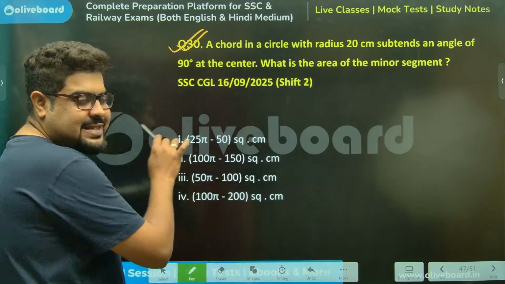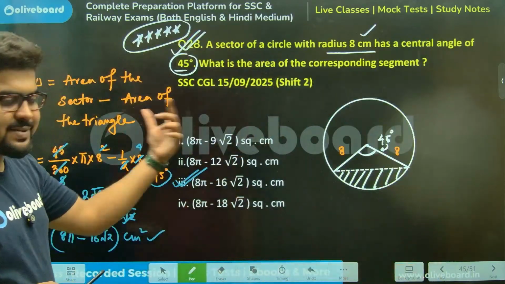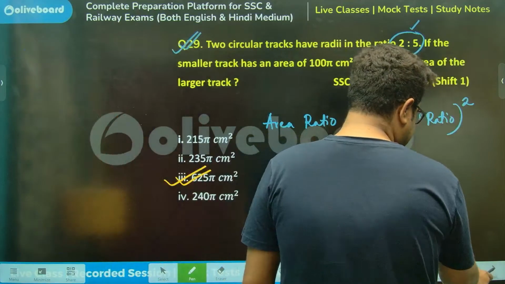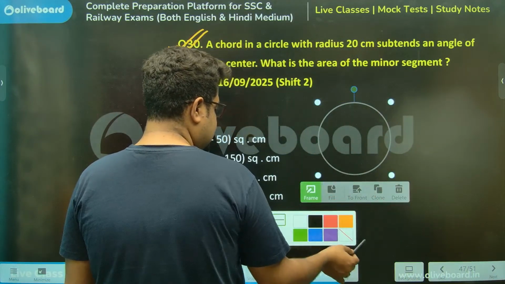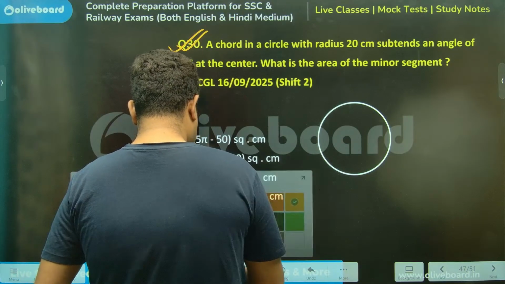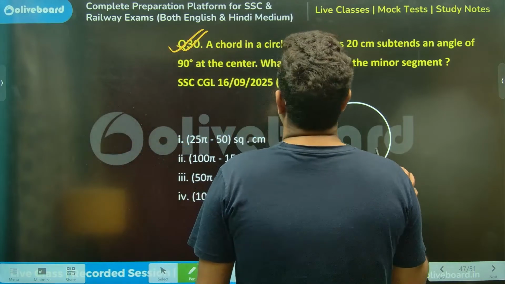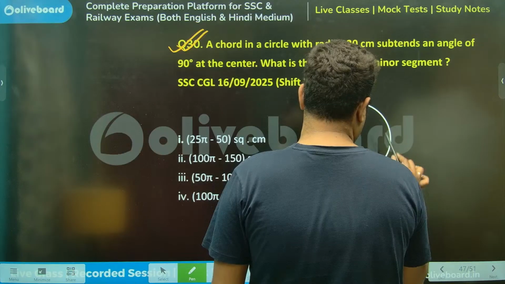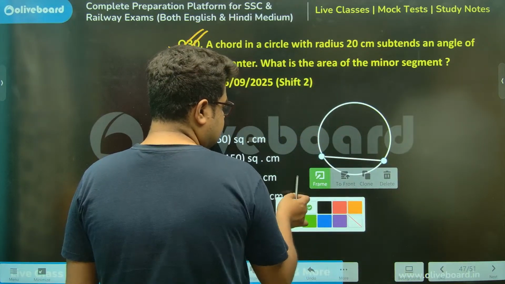Again, a very similar question to the previous one. So there is this chord, which is subtending an angle of 90 degrees.